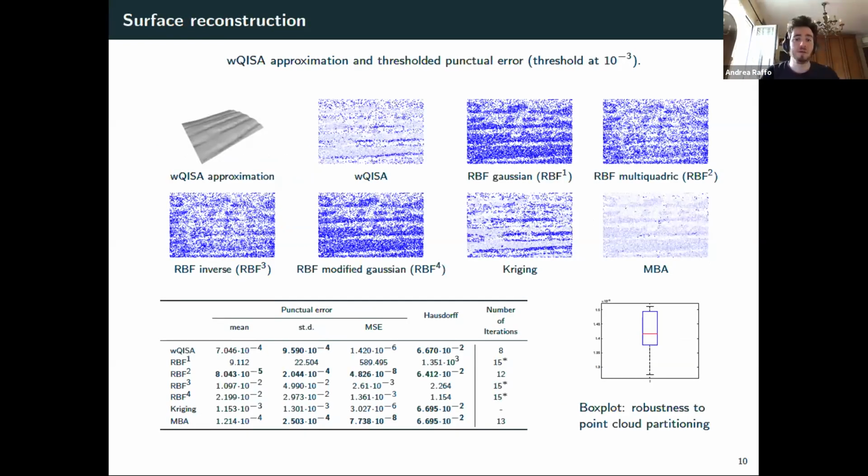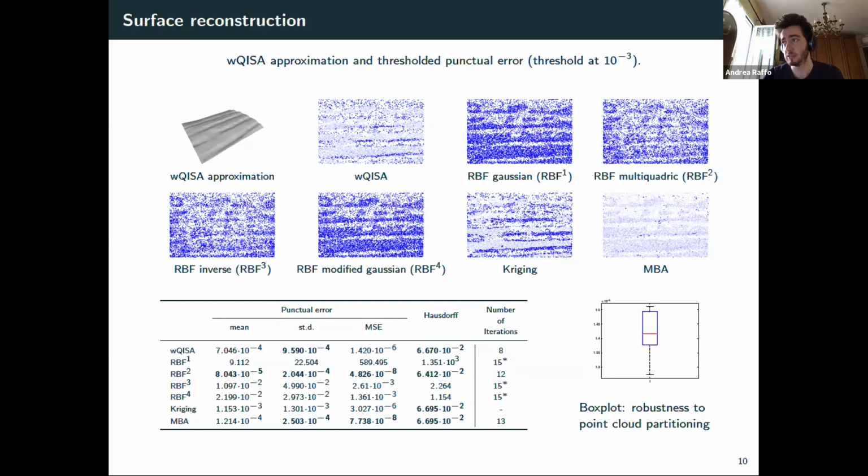We start with an example of surface reconstruction. The picture on the top left represents our approximation when we consider a Gaussian weight function. The remaining pictures represent the absolute punctual error when we apply a threshold of 10 to the minus 3. So all the transparent points are below the threshold, while the remaining are above the threshold.